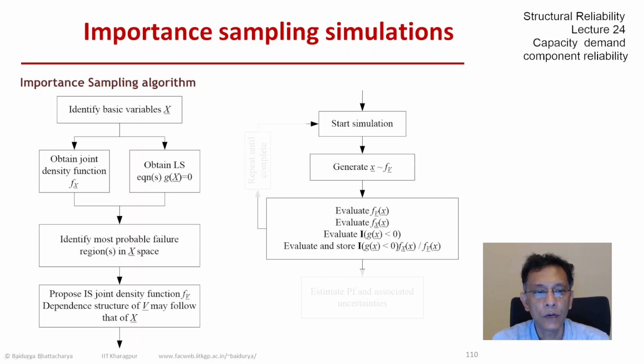If you remember our basic setup, that is Fx over Fv, that ratio of the two density functions, and I obviously is 1 if failure has occurred.